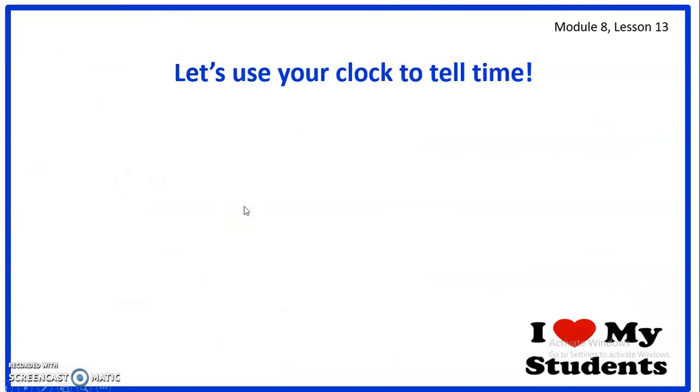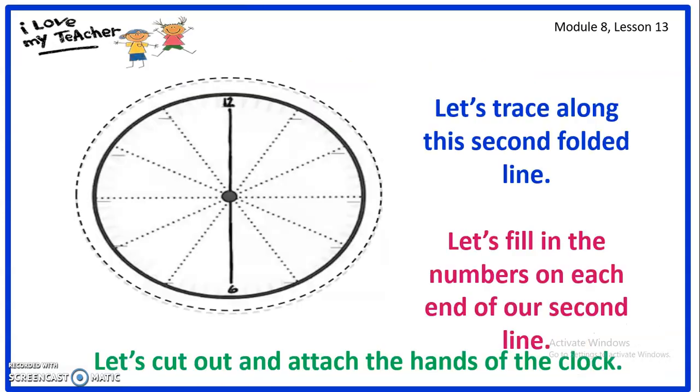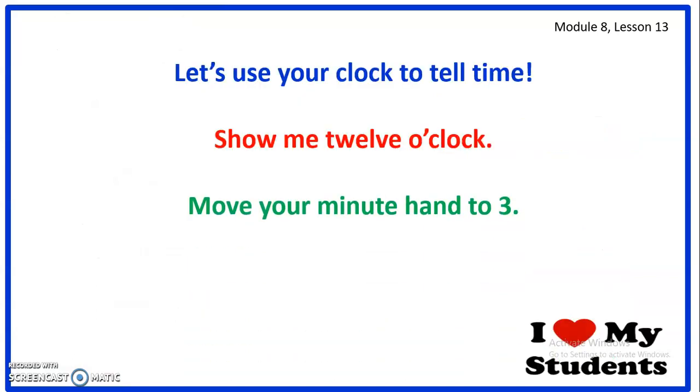We'll get to that. Now let's look at our clock and tell the time. Show me 12 o'clock. This should be 12 o'clock. When the long minute hand and the hour hand are at 12, that is 12 o'clock. Now if you move your minute hand to 3, that will be 12:03, that is 3 minutes after 12.